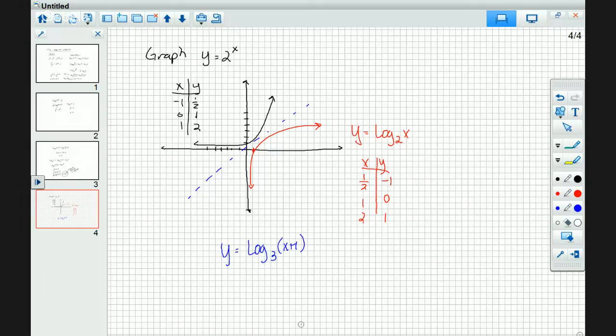Which direction? Left, right. This family of functions, same thing. We just shift it one to the left. Which means that -1 now becomes our intercept. So this one is just shoved left. This was a base 3, it doesn't change as much.